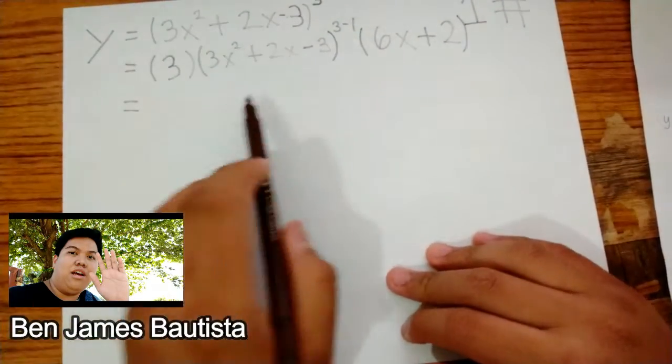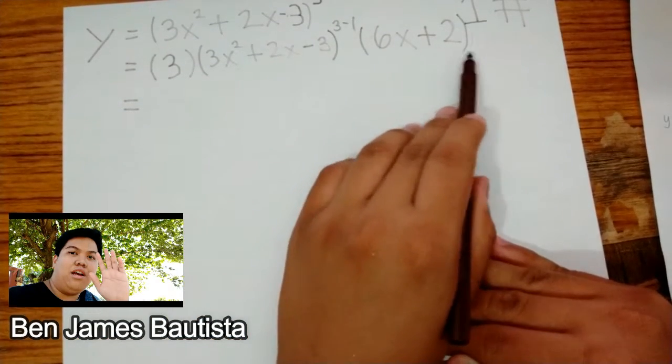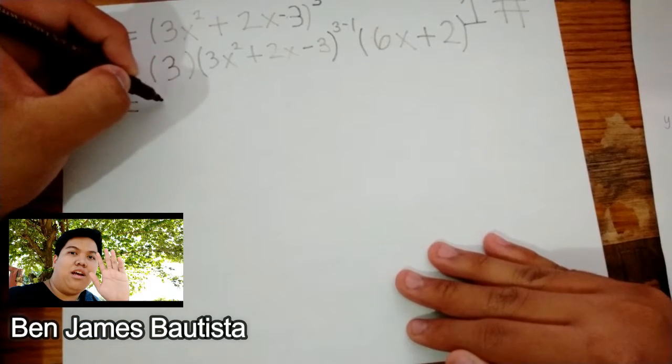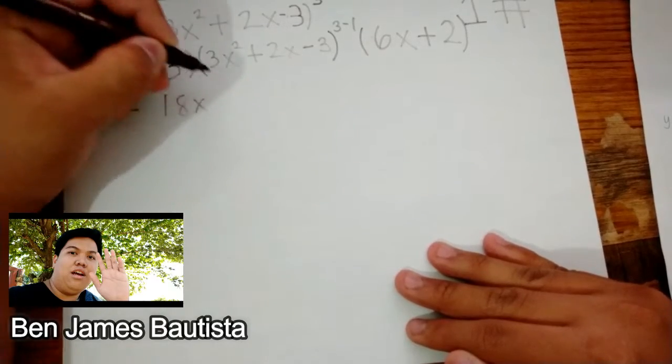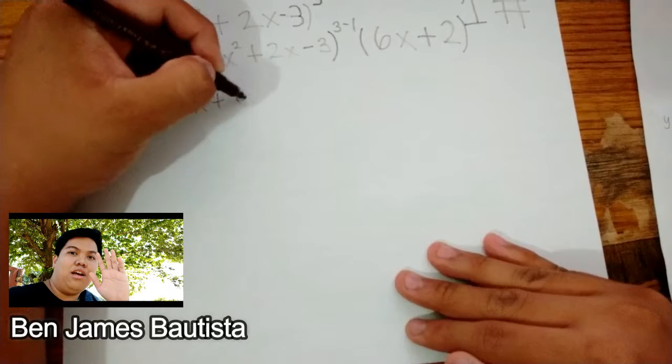Next step is you're going to multiply 6x plus 2 to 3. So it will be 18x plus 2 times 3, which is equal to 6.